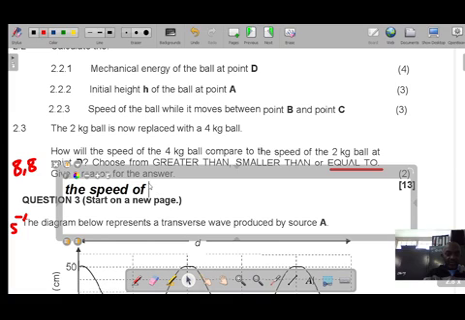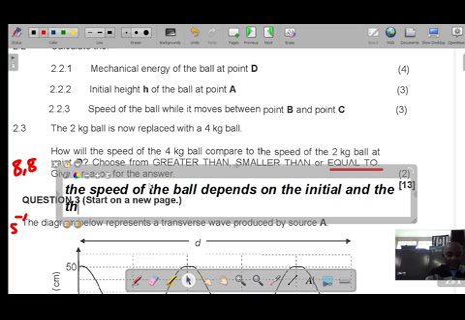Speed of the ball depends on the initial height and not the mass.